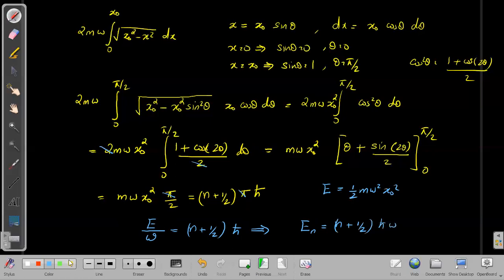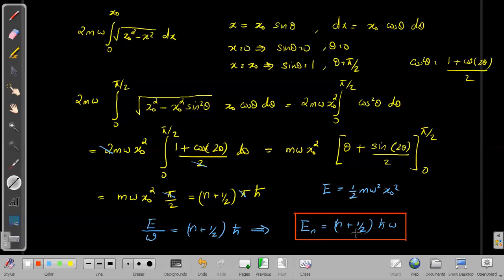h cross omega. Okay, so remarkably we have got the expression for energy. So it's very simply we have got the expression of energy of harmonic oscillator. In the last chapter, while discussing the formulation of harmonic oscillator quantum mechanics, we solved the harmonic oscillator problem in detail using wave function formalism and also the operator formalism.